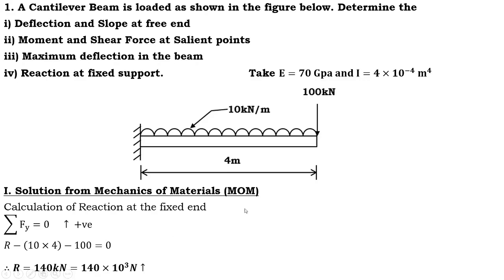And this vertical force acting downward is 100 kilonewton, therefore it is minus 100. I have only one unknown, that is R, so R can be calculated. R is equal to 140 kilonewton acting in an upward direction because it is a positive value. Therefore the reaction direction I have considered is correct.